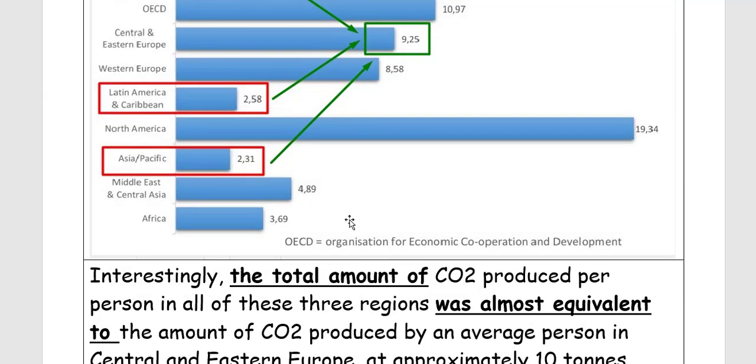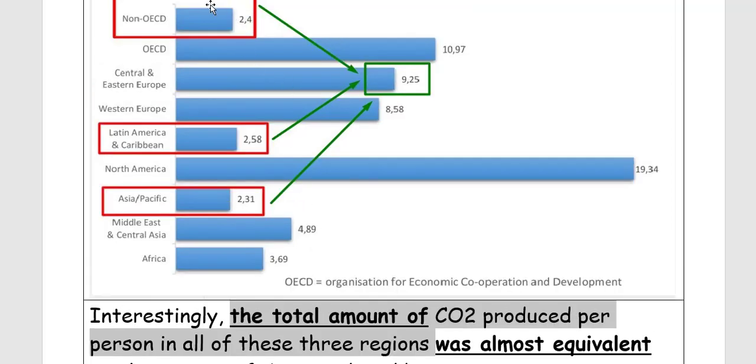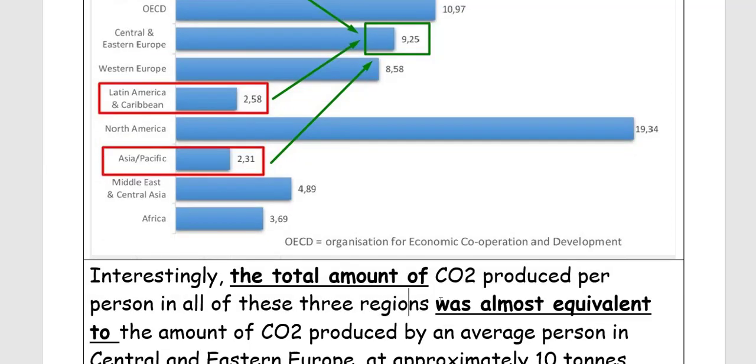Interestingly, so when you see an interesting fact, when you want to compare something, you can use this phrase interestingly. The total amount of CO2 produced per person in all of these 3 regions, right? So again, we're looking at all of these regions and we're looking at the average figure was almost equivalent to.